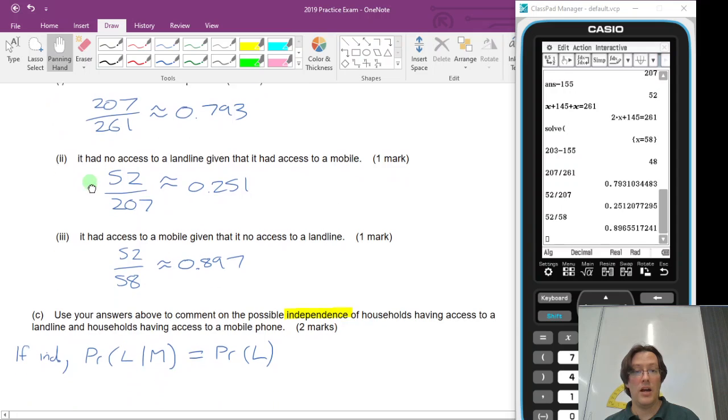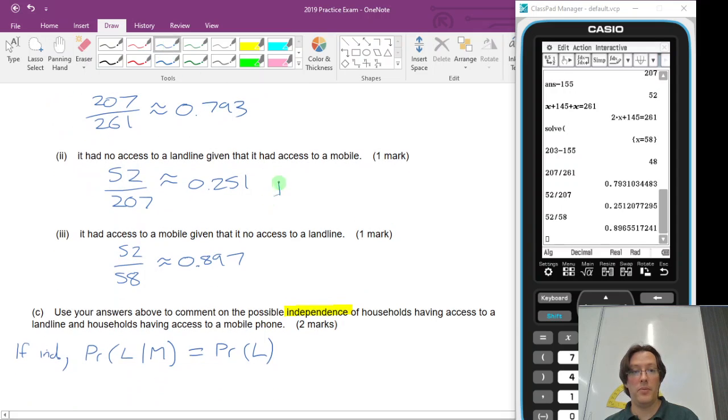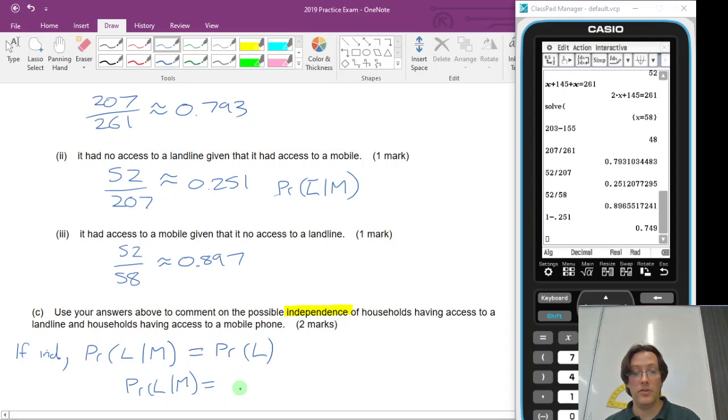Now, this is our probability of our landline given mobile. This is no access to a landline given a mobile. So that is the opposite, the complement of that. No access to a landline given a mobile. So probability of landline given mobile is going to be 1 take 0.251 is 0.749.